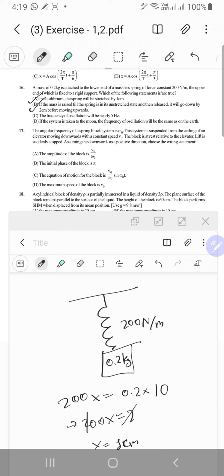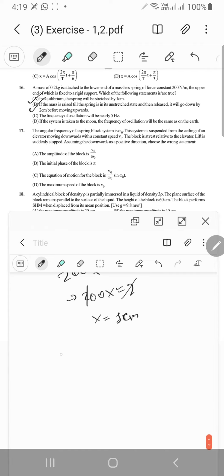The frequency of oscillation will be nearly 5 hertz. Okay, let's do it. What's the force? The force is kx. We already know what this k thing is, just k by m, right? So k is 200 upon 0.2, which is 1000. Wow.